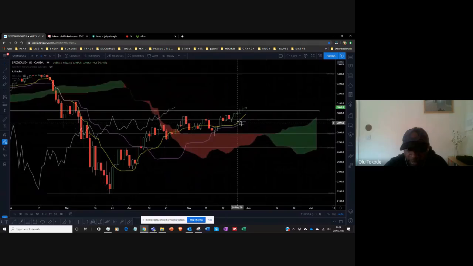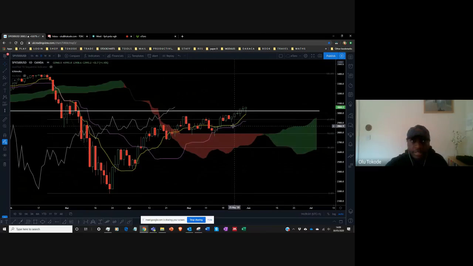Remember, this yellow line, the conversion line, is the high and the low of the candle 9 periods back divided into 2. So the average. The purple line is the high and the low of the candle 26 periods back. Okay. So this cloud you're looking at is made up of two lines.